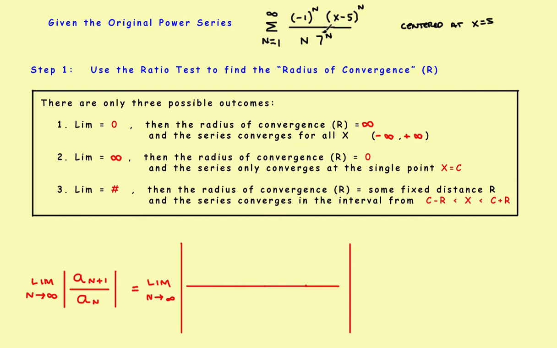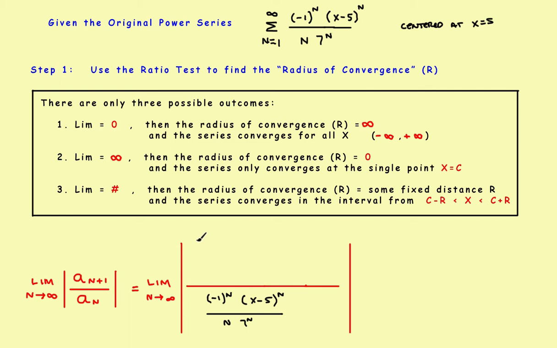So I'm going to first write down the original series in the denominator. That would look like negative 1 to the n power, then x minus 5 to the n power, all divided by n times 7 to the n power. Now in the numerator, write the same thing down, but everywhere you've got an n, replace it with an n plus 1.